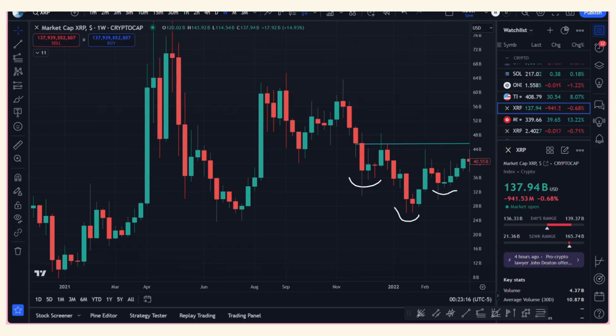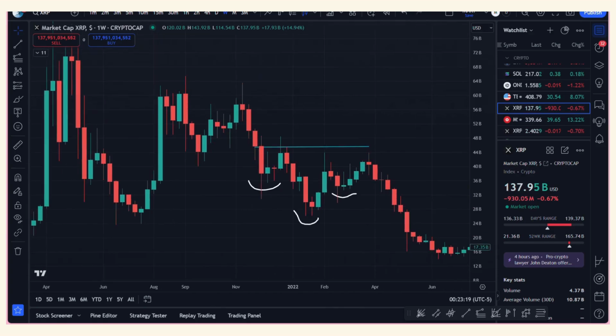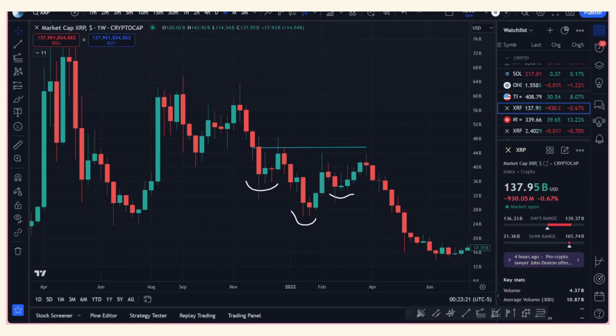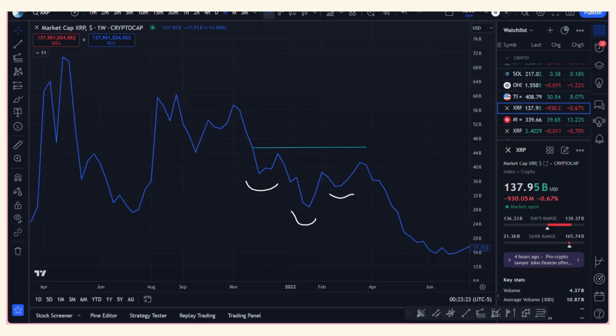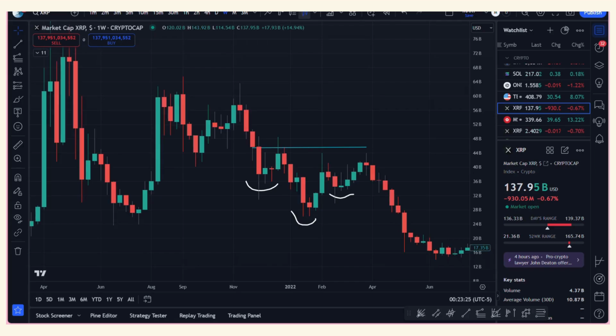This is another example of an inverse head and shoulder. This is actually picture perfect. However, as I said earlier, we have to draw a neckline after the completion of the inverse head and shoulder. If you don't see a breakout of the neckline, there is no trade to the upside. On this particular trade, it actually just gave us the inverse head and shoulder, but it did not give us a breakout.